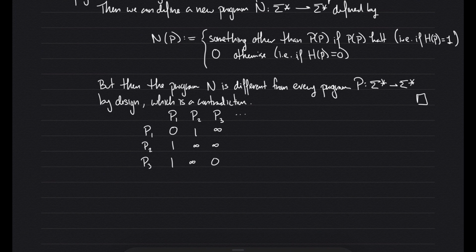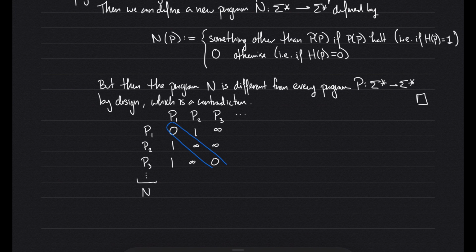Now we constructed N. So N is not in this list, at least by design. We want to say that N is definitely not in this list, and we do that by cooking up a computer program that returns something different on all of these inputs than what all of the Pi return.